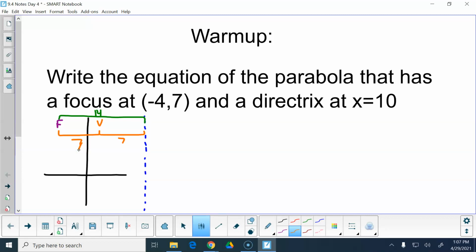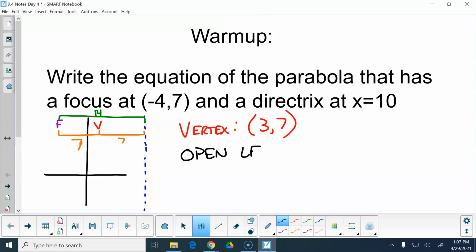So that puts my vertex at the point 3, 7. That also tells me that this parabola is going to open left.